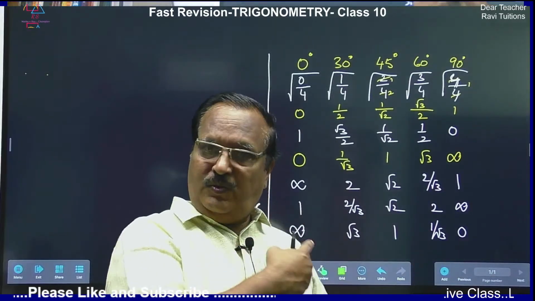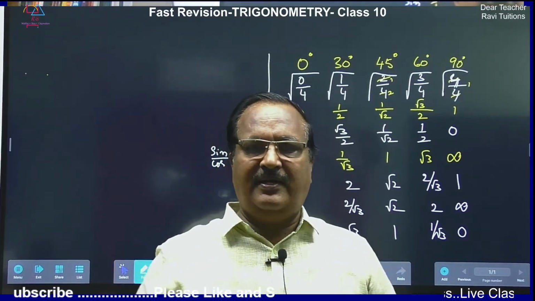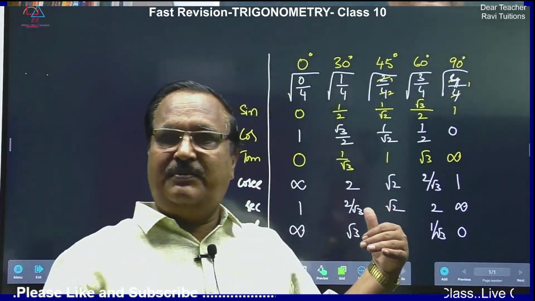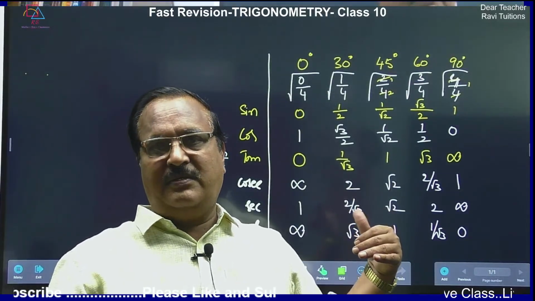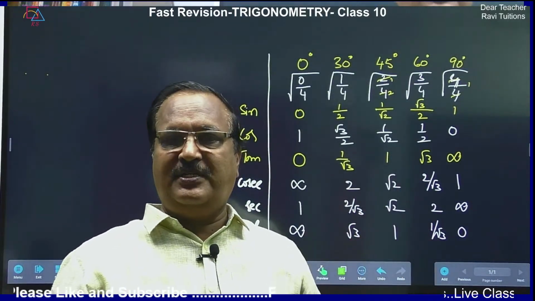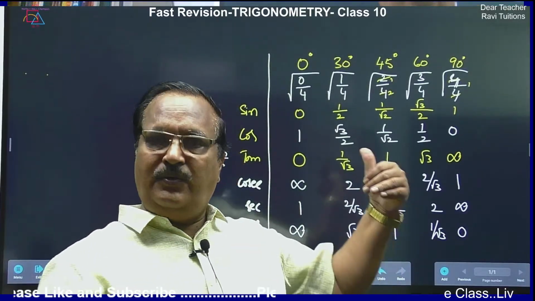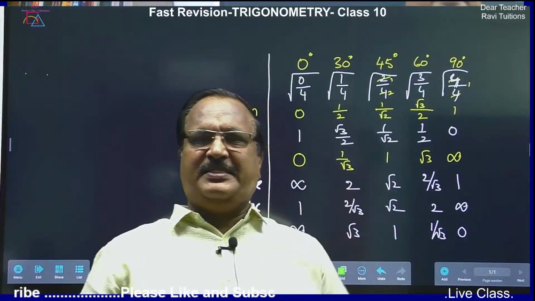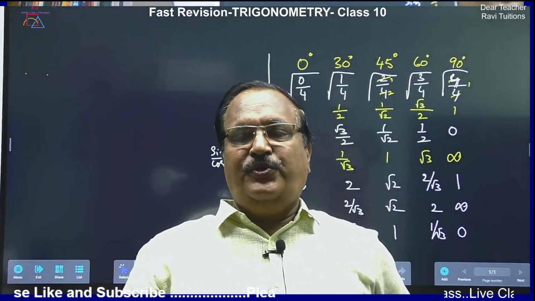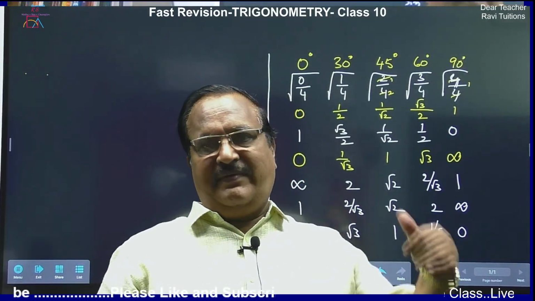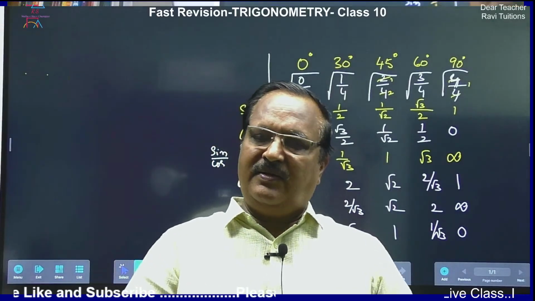You can write this table in 1 minute. So, practice writing this table of values so that in the examination you do it very fast and can use these values without mistakes. You know how to do the question, but if a value is wrong, you will get the wrong answer.